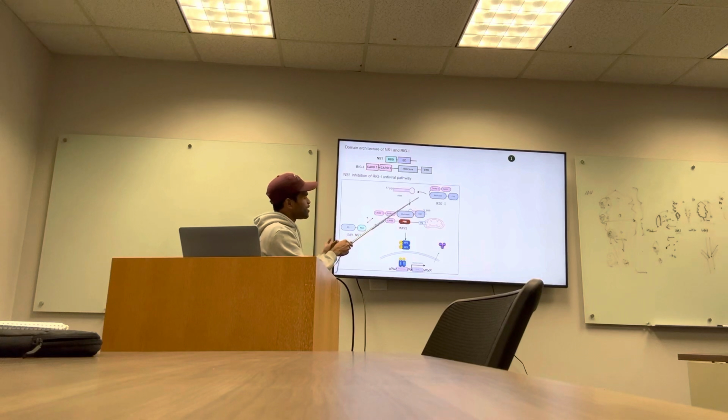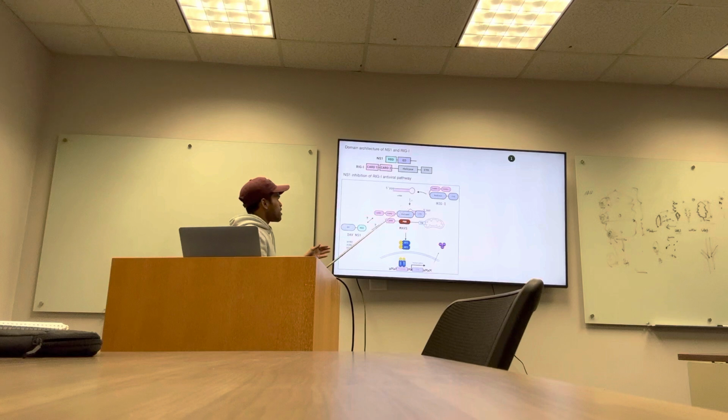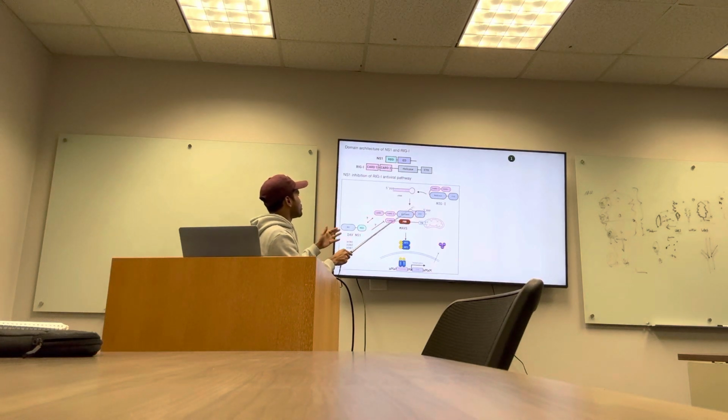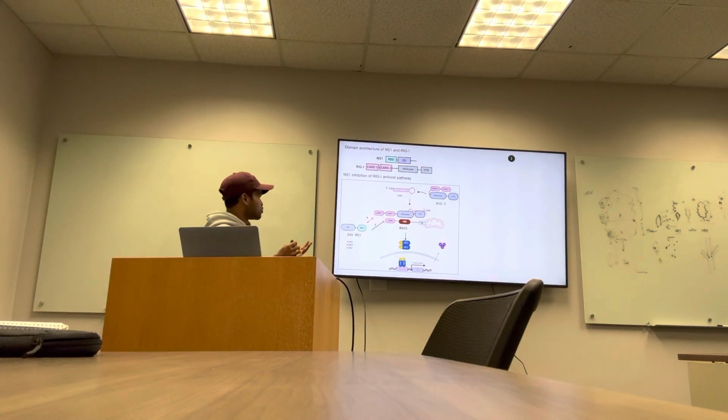But when it detects the viral RNA, it undergoes a conformational rearrangement, and the viral RNA with a 5' triphosphate motif is bound by the helicase and C-terminal domain, while the CARD domains are open and exposed for interaction with other host proteins in the pathway, such as MAVS. The CARD-CARD interaction activates transcription factors such as interferon regulatory factor 3, which after activation induces interferon expression.